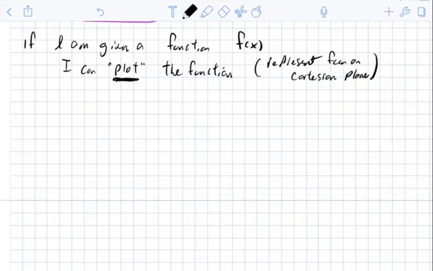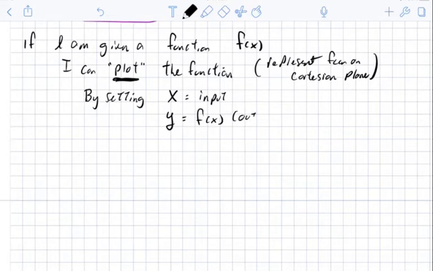So I can plot the function by setting x, the x-coordinate, to equal the input, and the y-coordinate being f of x, the output corresponding to this input.